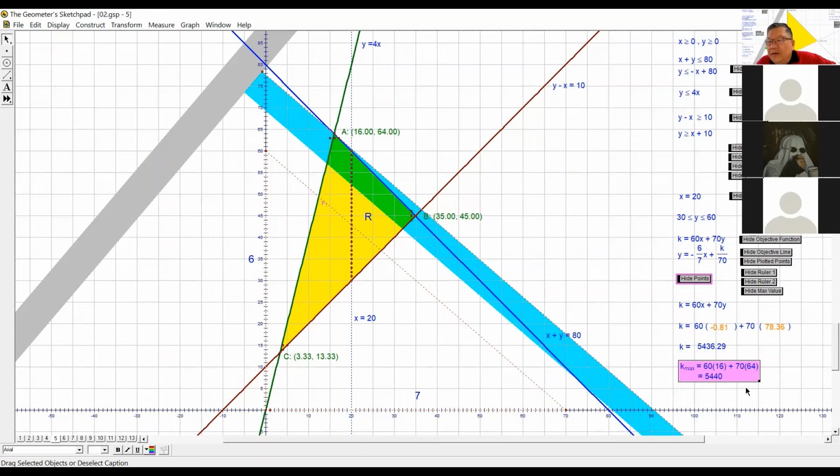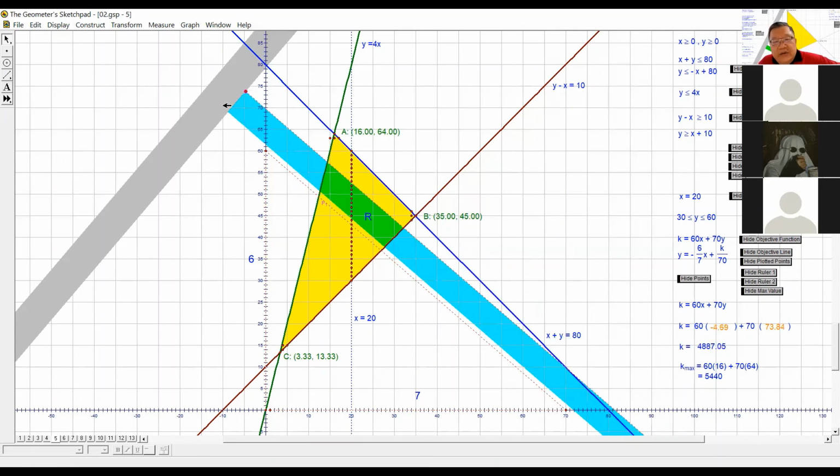So it's 60 times 16 plus 70 times 64. This is the fees collected. Not only is it the fees collected, but it is the maximum fees collected because it comes from the maximum point in the objective function. So now I know the maximum fees collected is 5,440.